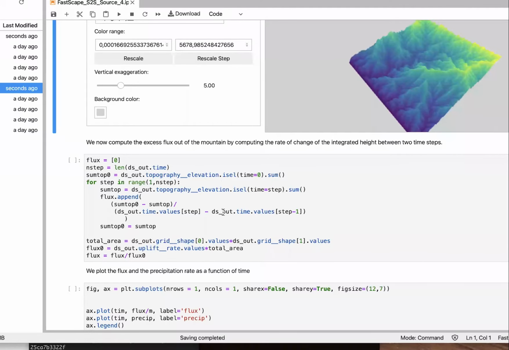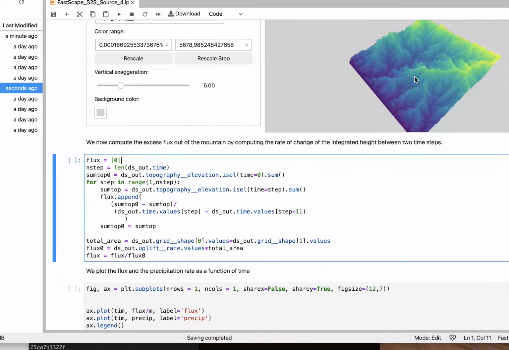This is easy to compute. I'm not going to go into details, but what I'm doing is calculating the mean topography of my landscape, or the sum of the topography, and I look at how it changes from one time step to the next.